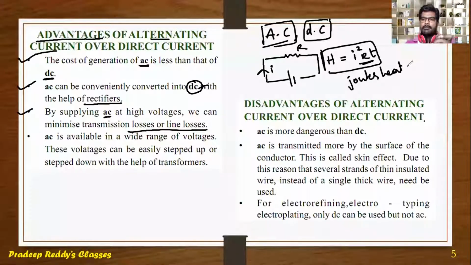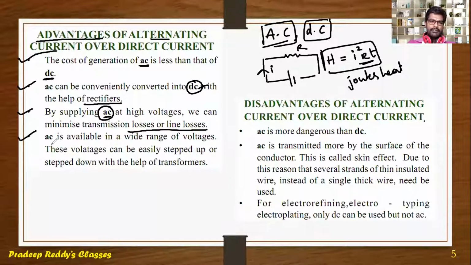When a constant voltage is provided, a constant current develops, and that constant current produces constant heat in the circuit. That is called Joule's heating. If you transmit alternating current at high voltages, these transmission losses can be minimized. That is the third advantage.